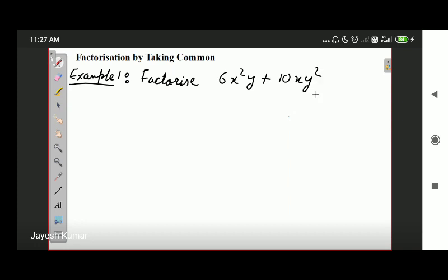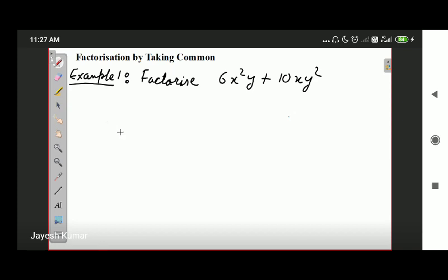We have to factorize this. By the meaning of factorization, any group of numbers, or you can say any polynomial, is formed by multiplication of variables and constants. We already know every polynomial is formed by multiplication of variables and constants.